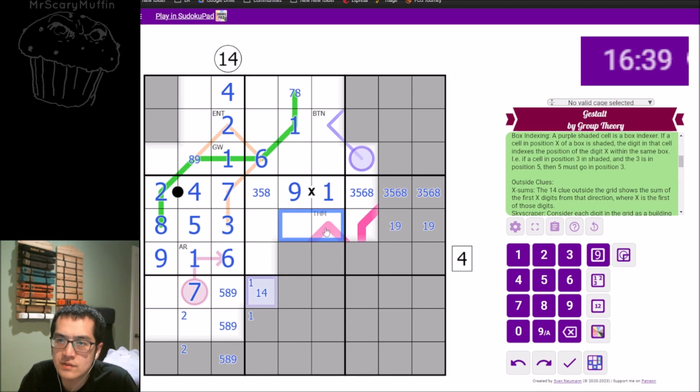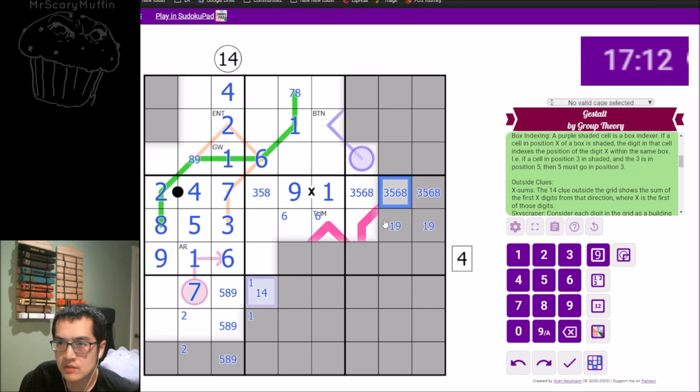There is a 6 on this thermos somewhere. Depending on where the bulb is, it can really make a difference, right? If this is a 6 and the bulb was here, 6, 7, 8, 9, that would not work at all. If the bulb was here, it could super work. 6, 5, 4, 3.